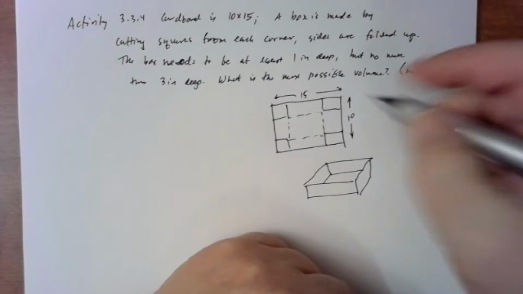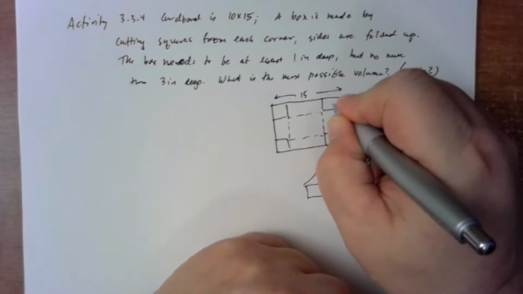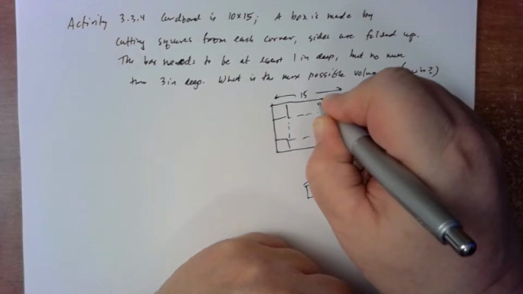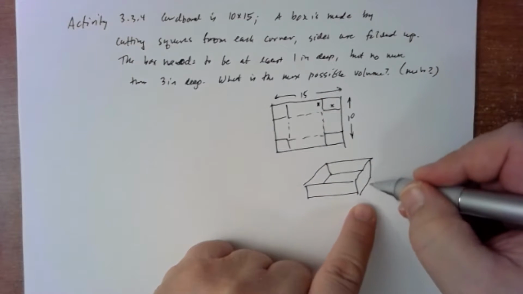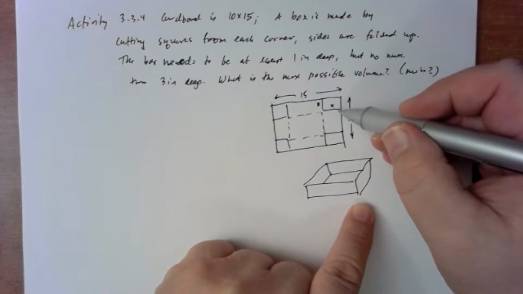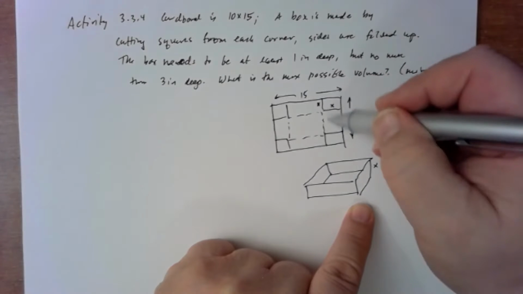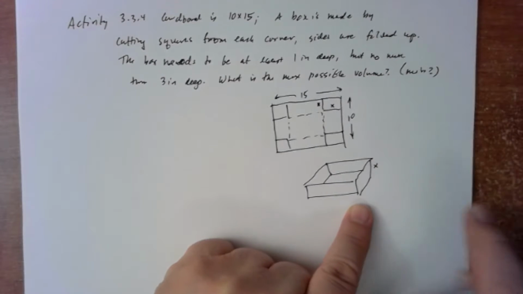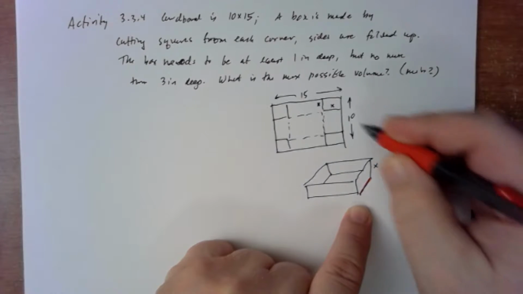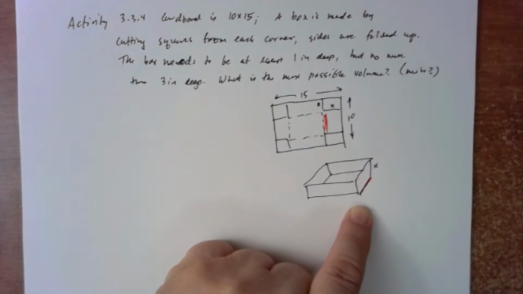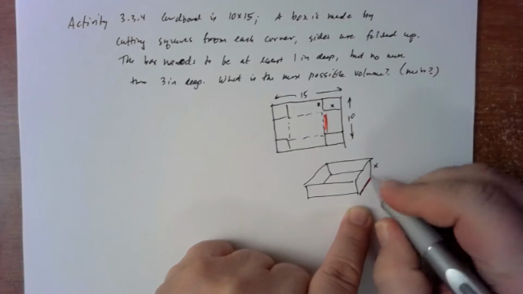Now when we cut a square out of each corner, we could think of it as x by x. And when you look down here at this box, where is this x going to be? The x is going to be the height of the box. Then this length right here, maybe I'll draw it in red, is this length right here, and that length is going to be 10 minus 2x.